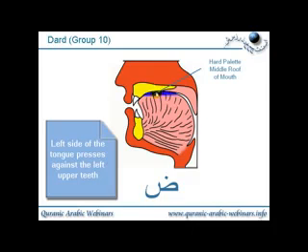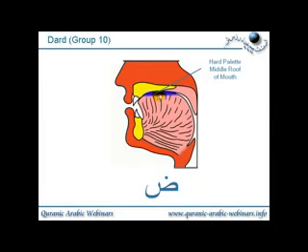But the main thing is to try and get the left side of your tongue to touch your upper left teeth and say Dad, Dad. If you're left-handed, you would normally put the right side of your tongue onto the upper right teeth, and some people can do it both left and right side. So that was group 10, the letter Dad.